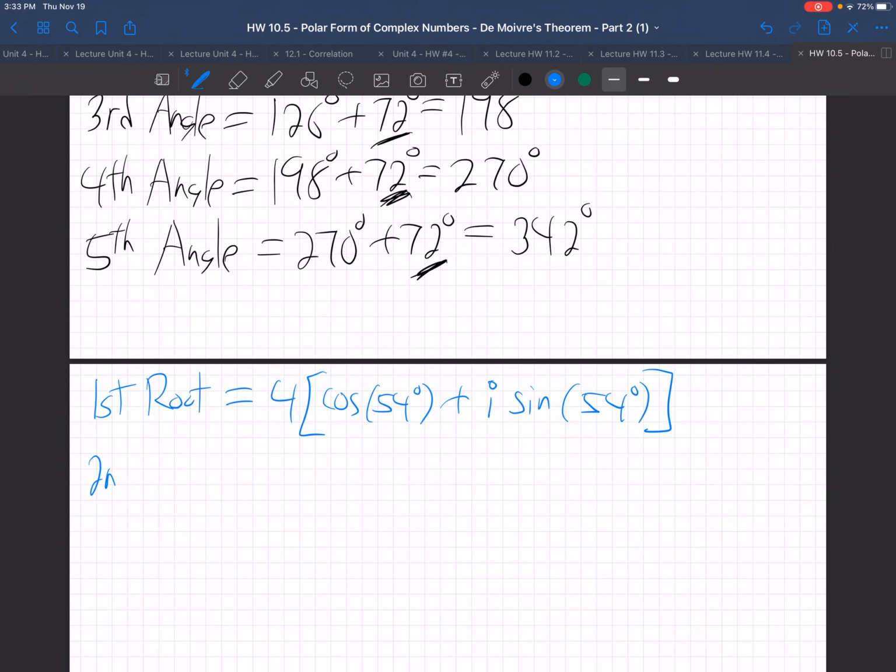And then the second root. It's going to be 5 of these. It's the same thing. It's just going to be a different angle.